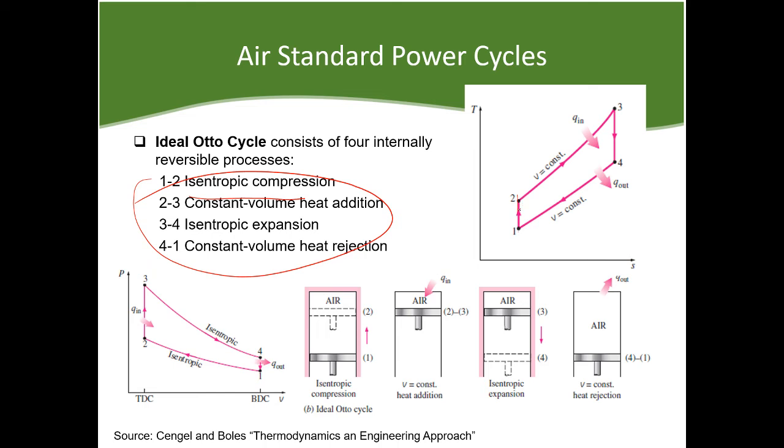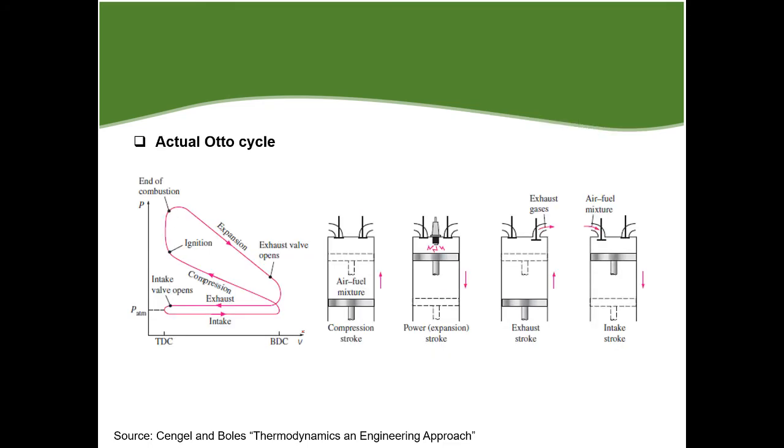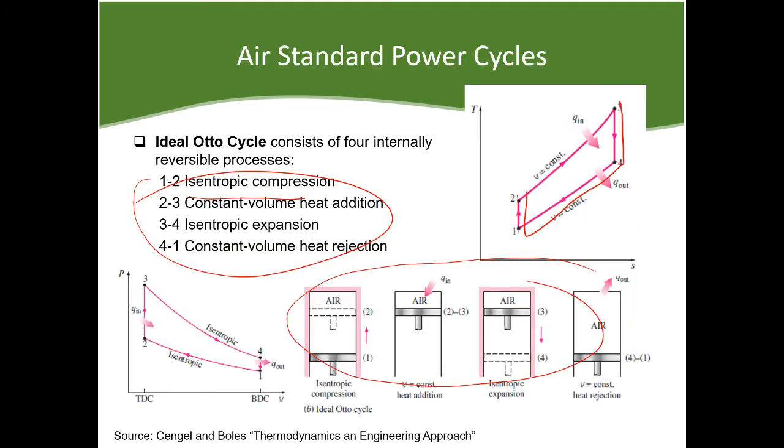Tapos, constant volume heat addition, then isentropic expansion, then constant volume heat rejection. So, cycle siya. Ito yung itsura naman nung sa cylinder and piston setup niya. Pero, yan ay yung sa ideal Otto cycle.